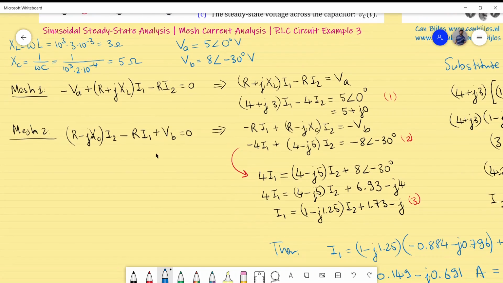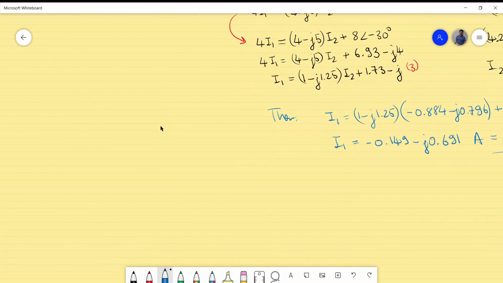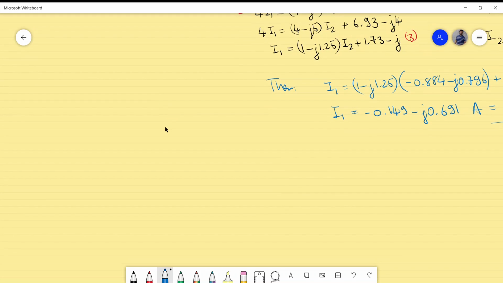So IL will be I1, IR will be I1 minus I2, and IC will be I2. That's the situation for our analysis.